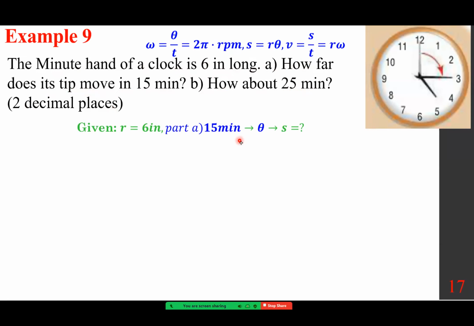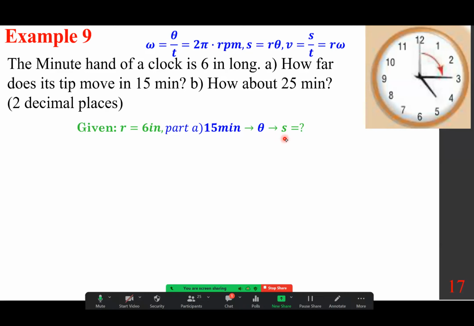In part A, over the course of 15 minutes, we want to find the theta, and therefore S, because it says how far does its tip move. So it's asking for the arc length.